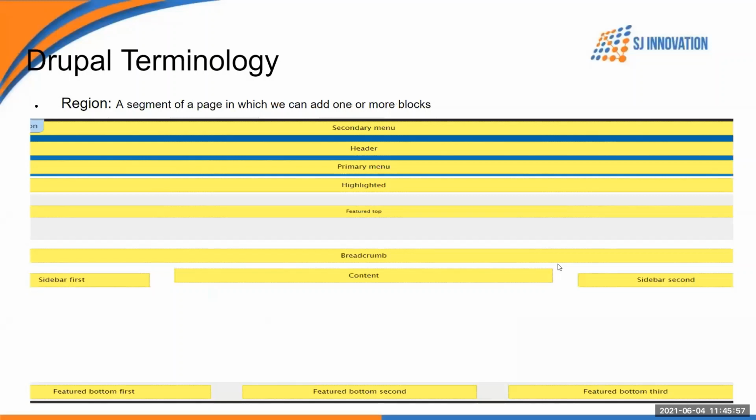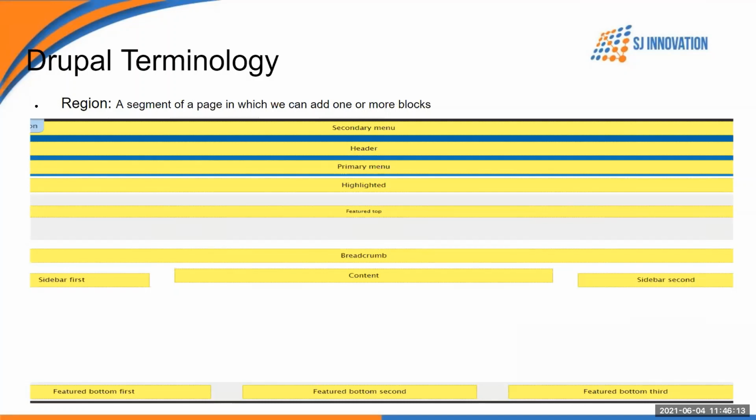A region, in its simplest definition, is just a placeholder. All these things that you see in yellow are placeholders. You cannot directly work with a region. A region is defined in a theme.